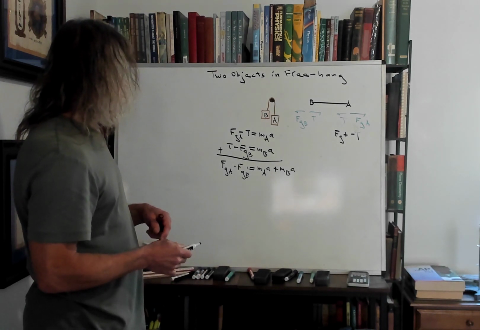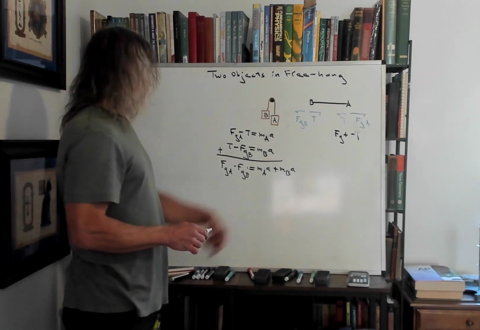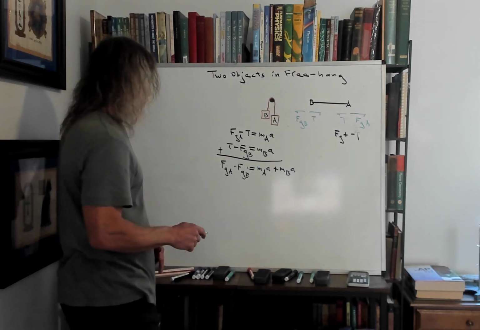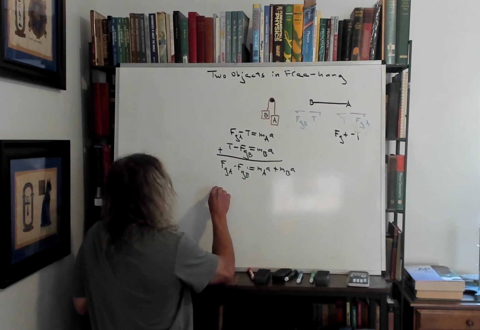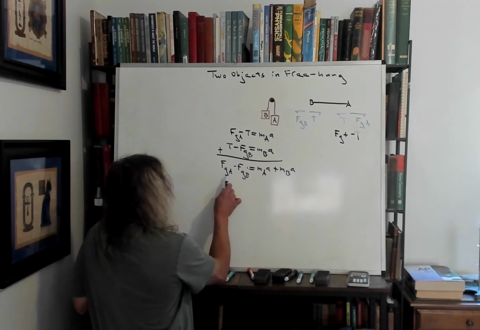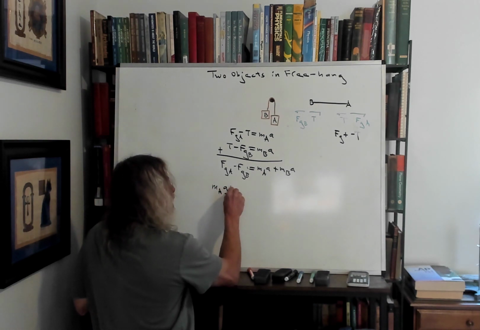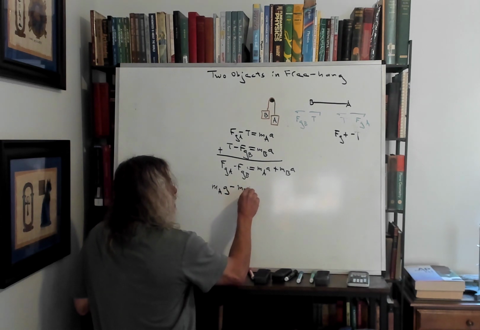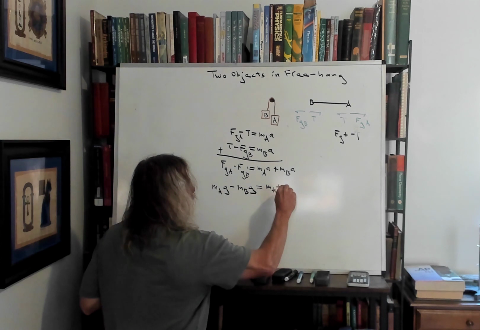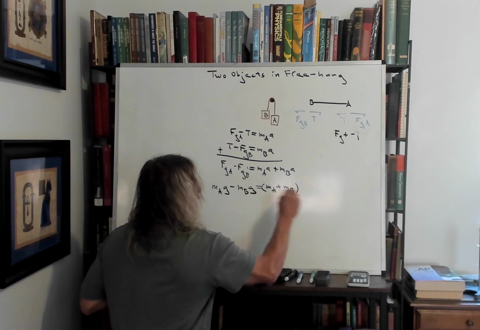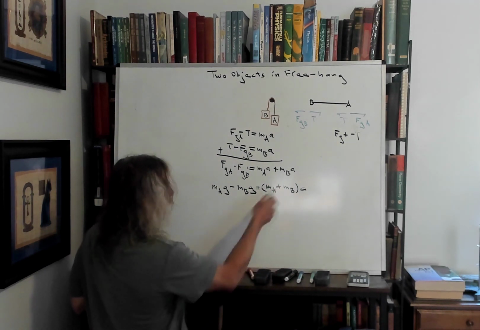Then, to solve for acceleration, factor that out. I'll rewrite this. So this is going to be the mass of A times acceleration due to gravity, minus mass of B times acceleration due to gravity, and then divide.